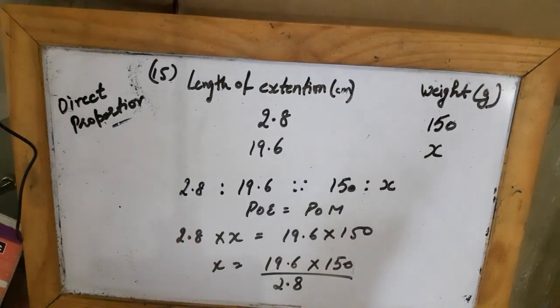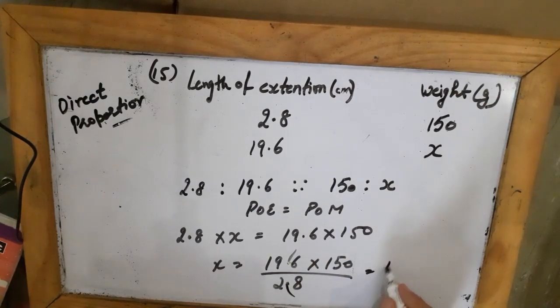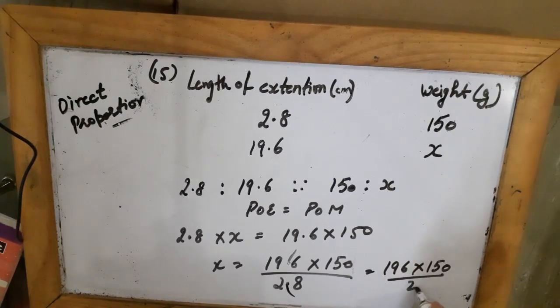Now in one of the previous questions I told you, जब ऊपर और नीचे you have decimal numbers which have equal decimal places, like one place after the decimal, one place after the decimal, what happens? This point gets removed. Okay, so you will have 196 into 150 upon 28.